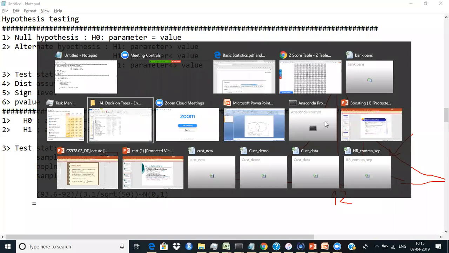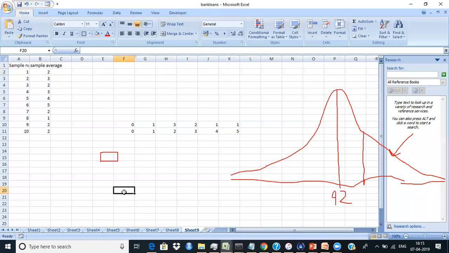Just go to Excel. It's 93.6 minus 92, divided by 3.1 by square root of 50. So 3.64.